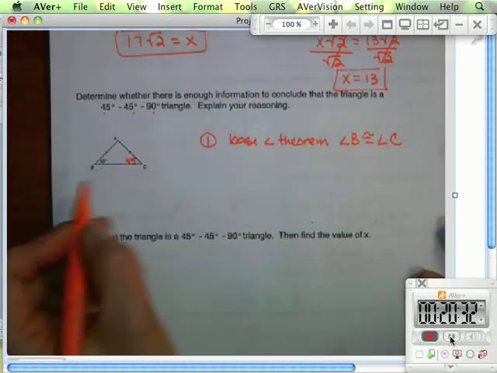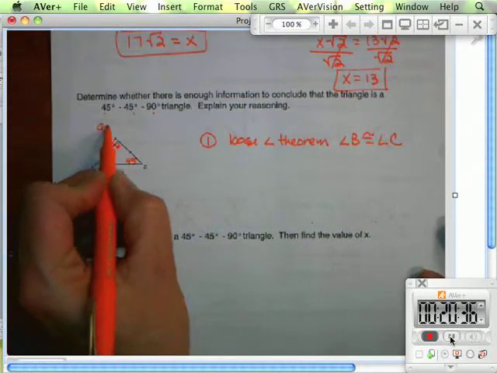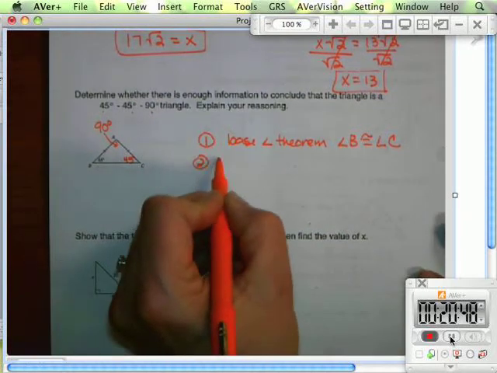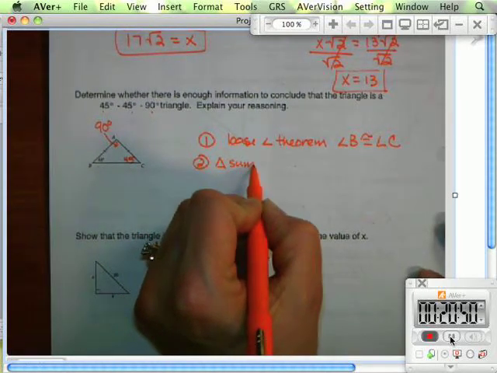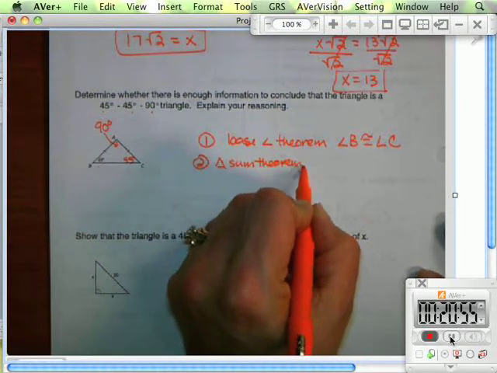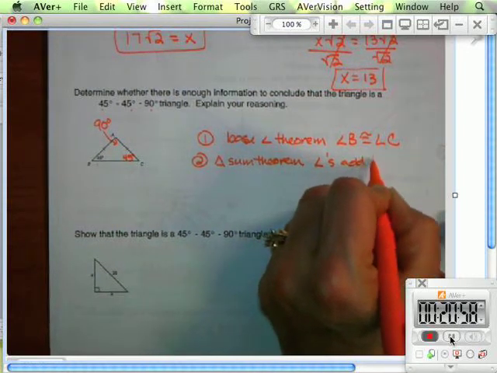Now I've got to prove that this is 90. How do I know that's 90? Thank you. The angles add up to 180, don't they? So, because of the triangle sum theorem, angles add to 180.